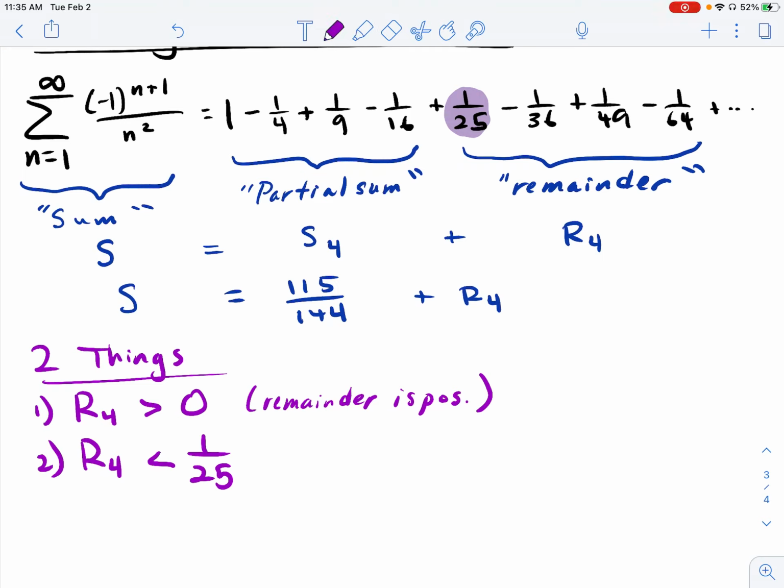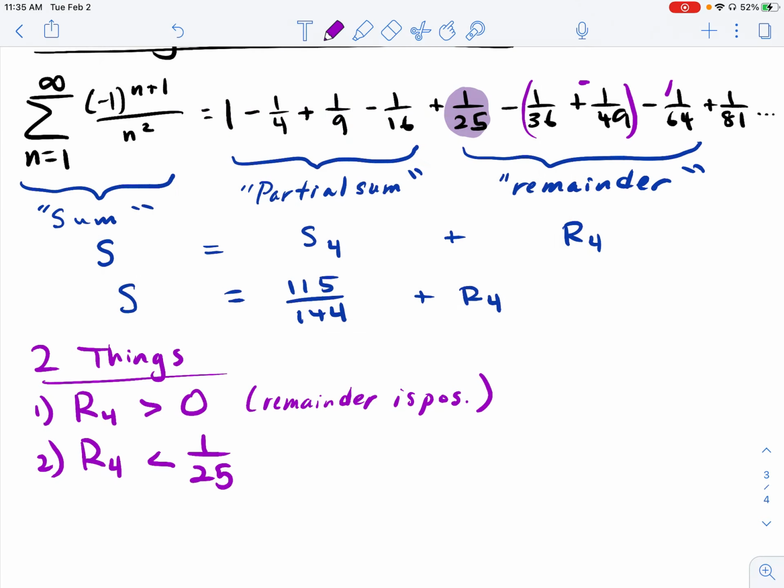If you had a chance to think about it, hopefully you see one way of thinking about this is to look at the terms after 1 over 25. I'm going to group together 1 over 36 and 1 over 49, and since I'm putting parentheses around that, this is going to be minus 1 over 49. And in order for this to all work, I need one more term, plus 1 over 81, since it's 9 squared.